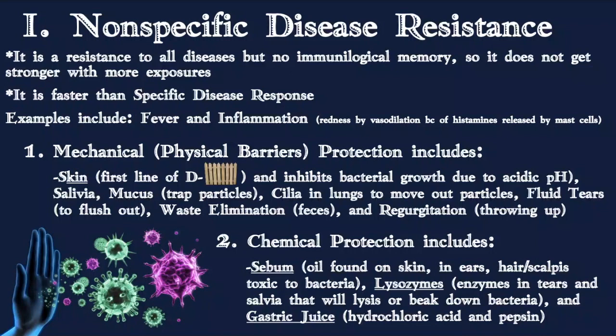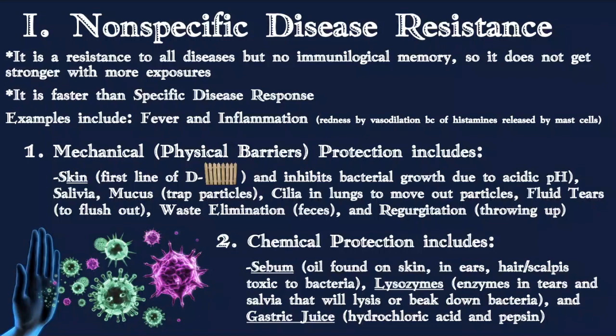So this is going to include fever and inflammation, and we'll talk about that on the next couple slides. But inflammation is a redness by vasodilation. So the veins, the arteries, basically dilate, and this is caused by histamines released by mast cells.